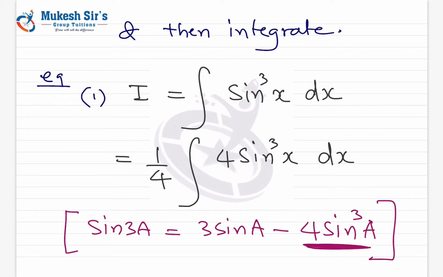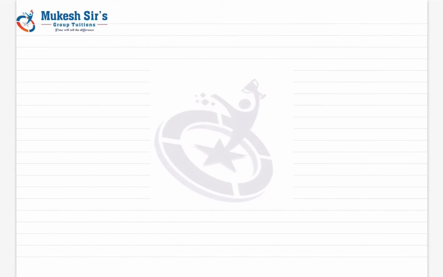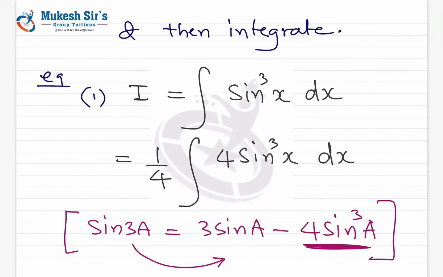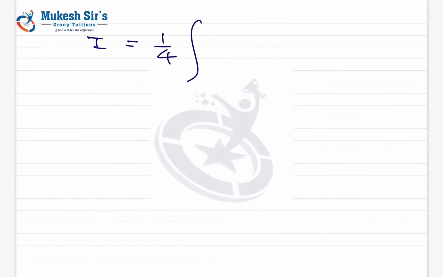So 4 sin cube a will be 3 sin a minus sin 3a. So you can write this as I is equal to 1 by 4 integration of 3 sin x minus sin 3x dx.